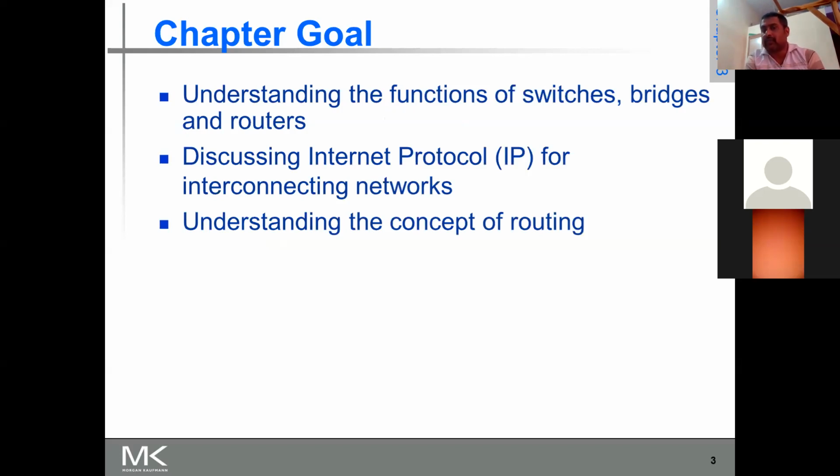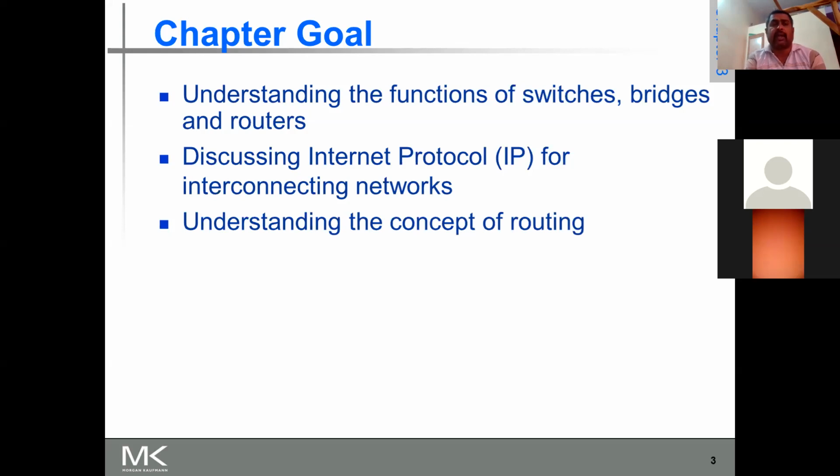Now, what will be there in this particular chapter? Understanding the functions of switches, bridges, and routers. As I told you, in the network layer, these devices play a very important role in connecting one network to another network and building a vast network. Coming to the next, discussing the internet protocol, that is the IP protocol.